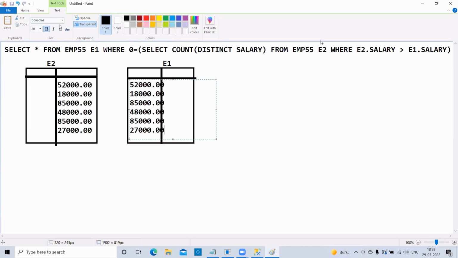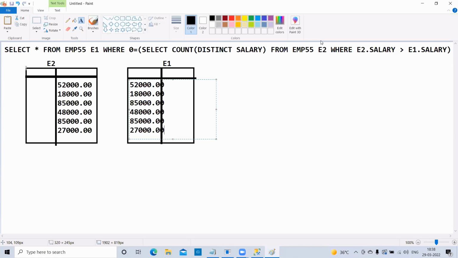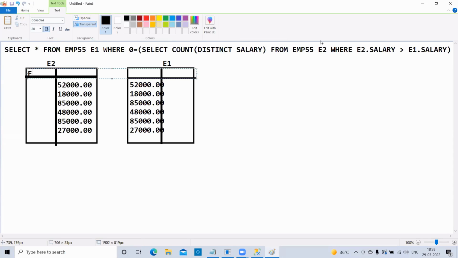Suppose these are some names we have here: the ID, ename, and this is my salary. So the salary column is the important column for us. I will take salary, suppose ID or name, etc. The two aliases we designed here, and the data will come like this.